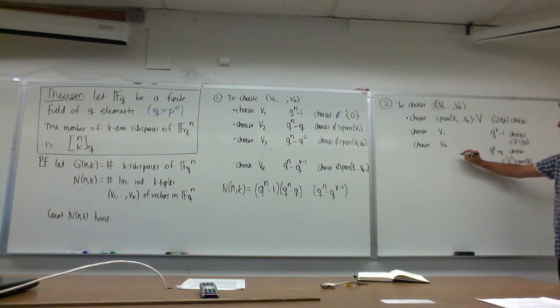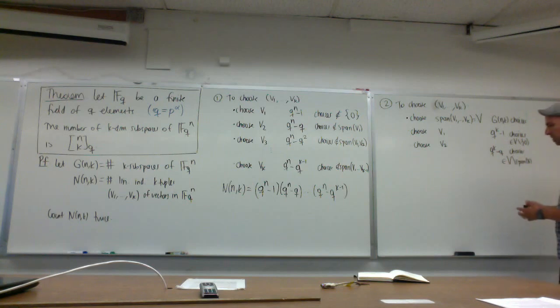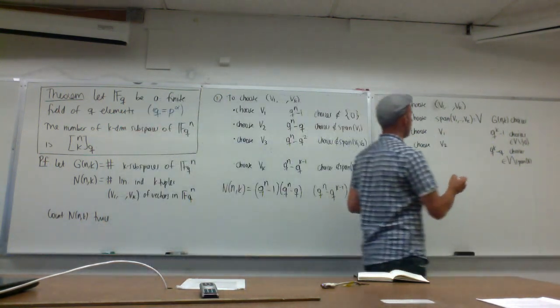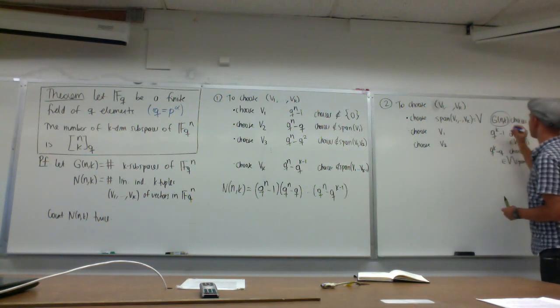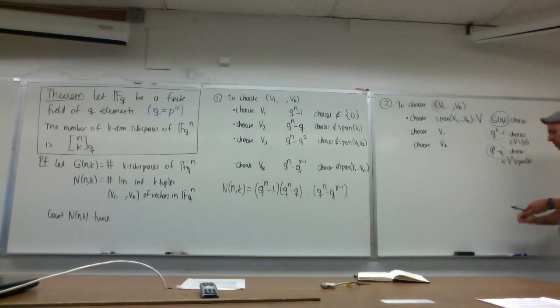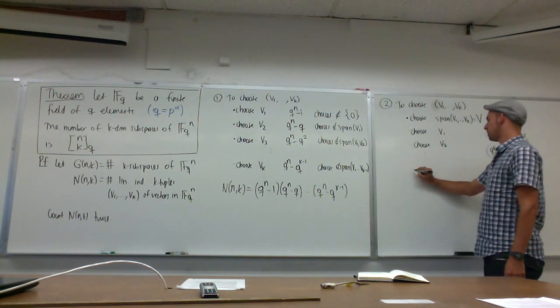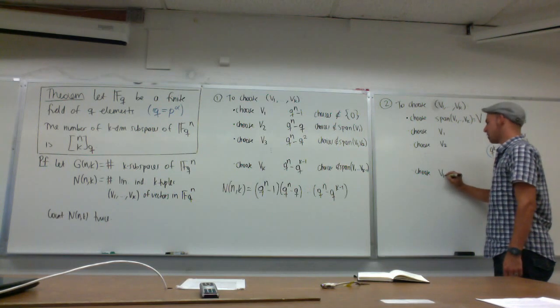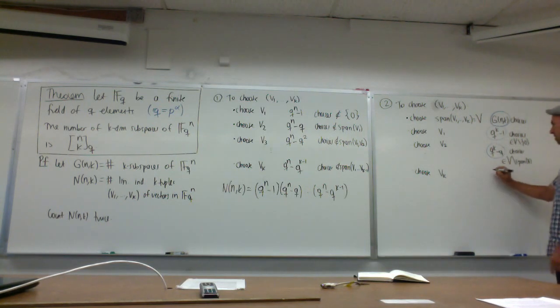Okay. So I got a little crowded here, but I have G of nk choices for this guy, then this, and this, and I continue until I choose Vk, and I'm going to get the same thing again, but with a k instead of an n.